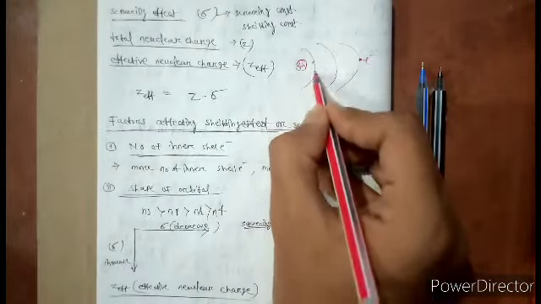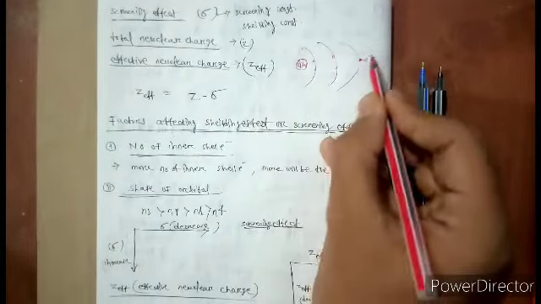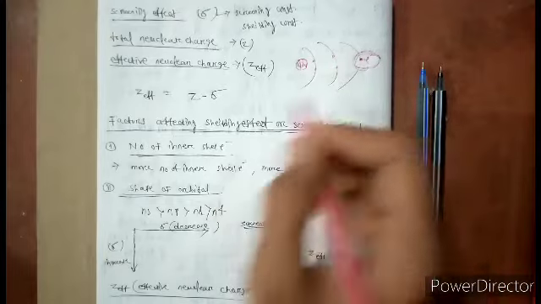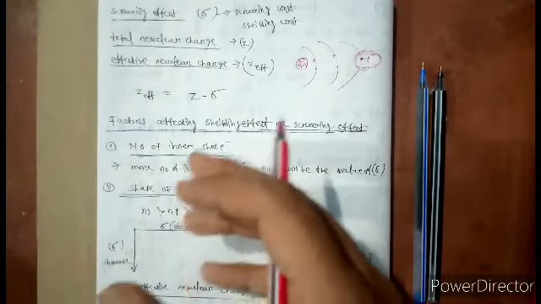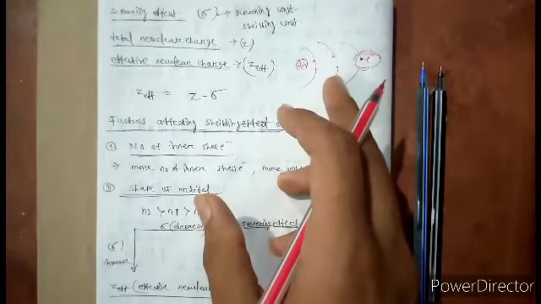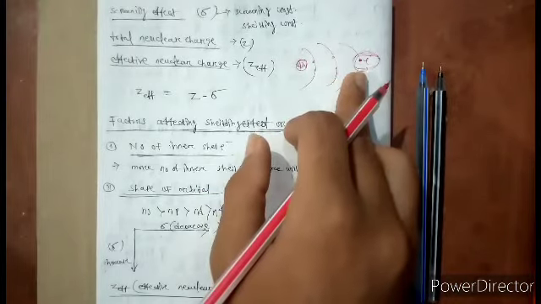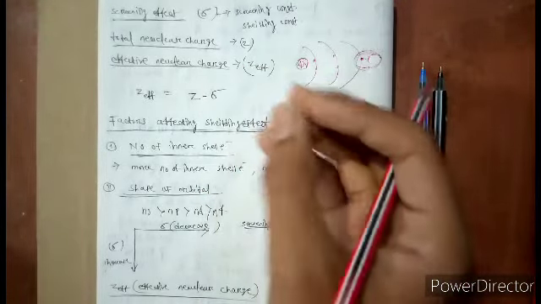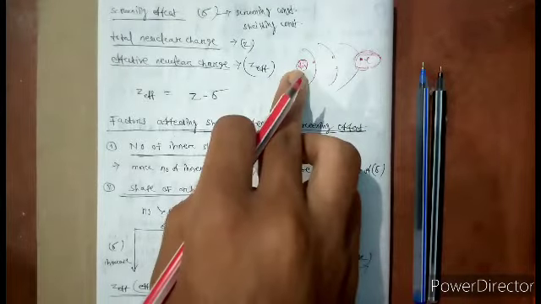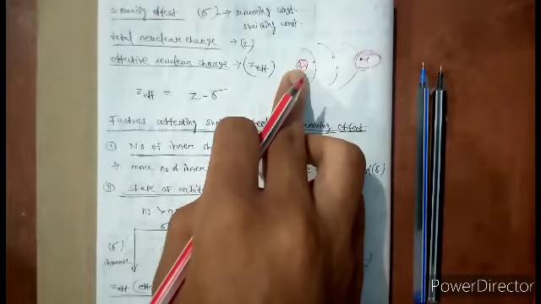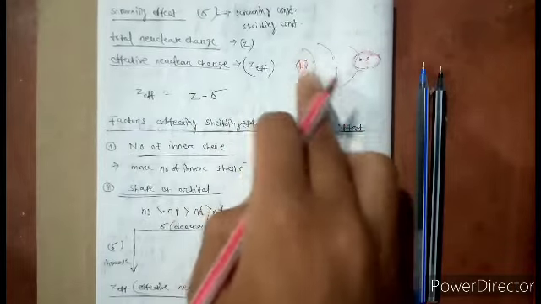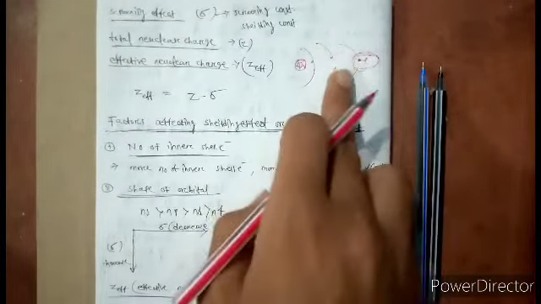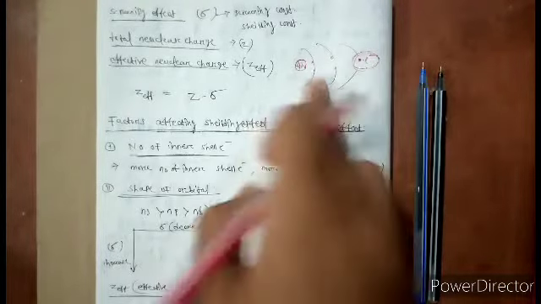If the innermost electrons are more, then the outermost electron experiences less force of attraction by the nucleus. So this is called the screening effect. If the number of inner shell electrons is more, then the screening effect is more. If it is less, then it is less.